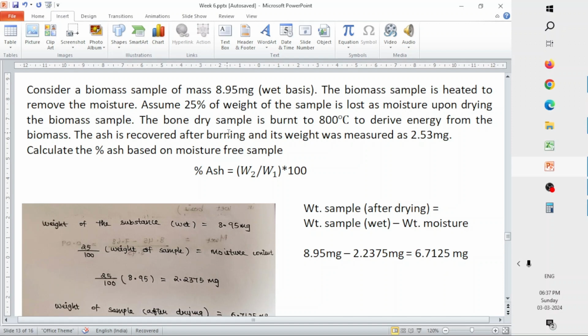You assume that 25% of the weight of the sample is lost as moisture upon drying. Then the bone dry sample is burned to 800 degrees Celsius to derive energy from the biomass. The ash is recovered after burning and its weight was measured as 2.53 grams. Now calculate the percentage of the ash based on your moisture free sample.